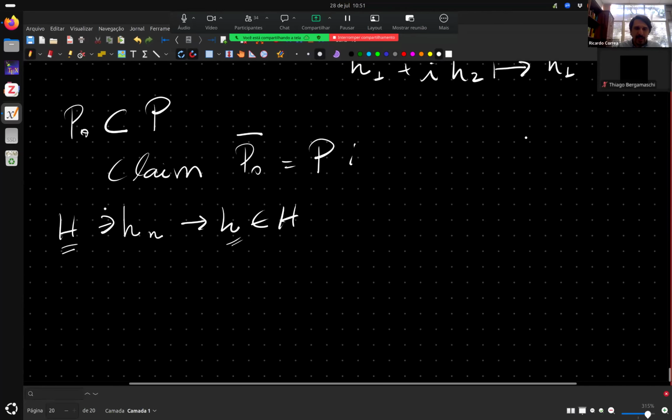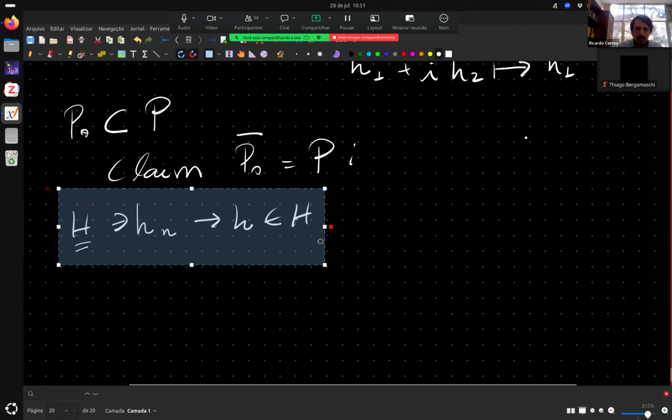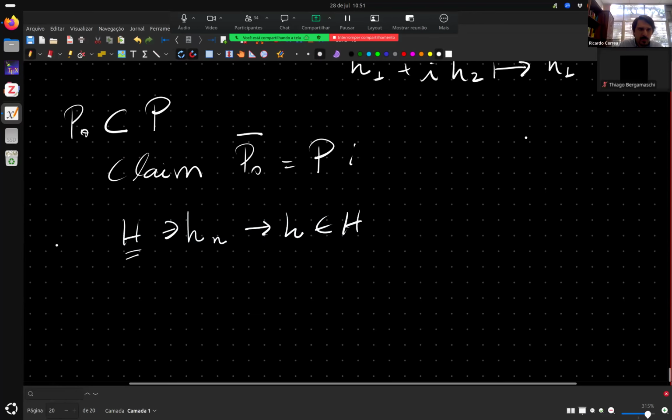So if I have a sequence of H_n converging to a vector H, which lives in my standard subspace, I want to show you that there is no other way of defining the closure of P0 than saying that P0 bar of H is equal to H. And it has to be. So notice that, and that's the magic of the projection.